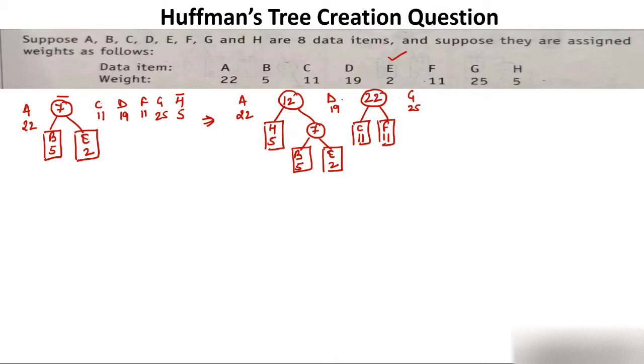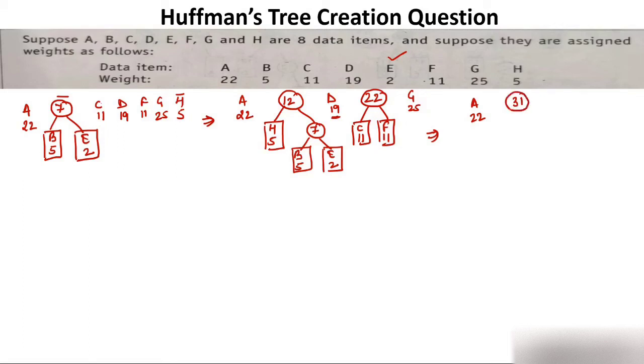Now again you have to select two minimum weights. What are those two minimum weights? 12 is one minimum weight and 19 is the second minimum weight. So when you add this, A22 will remain like that. When you add 12 and 19, you get 31, if I'm not wrong. Yes, 31.